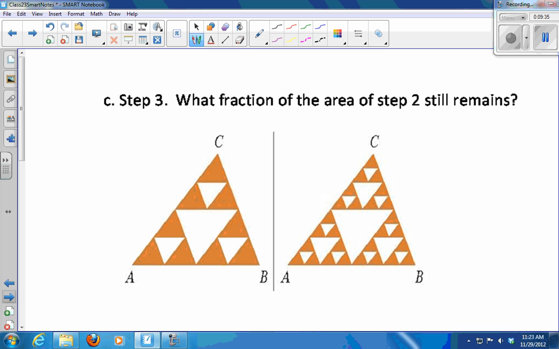Each of these orange triangles, I'm going to break into 4 smaller triangles.